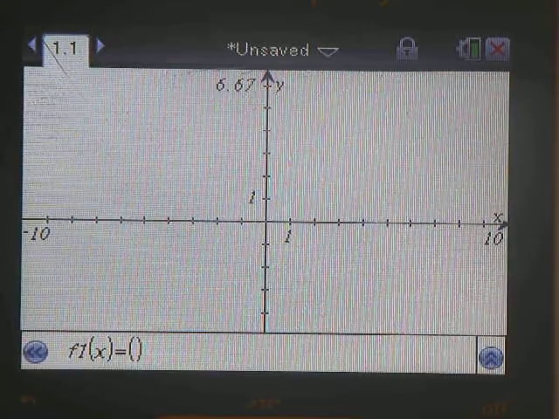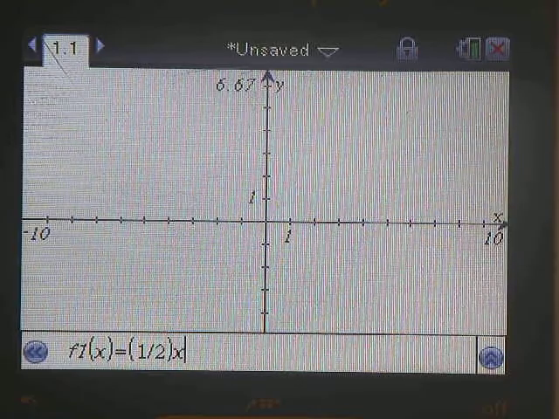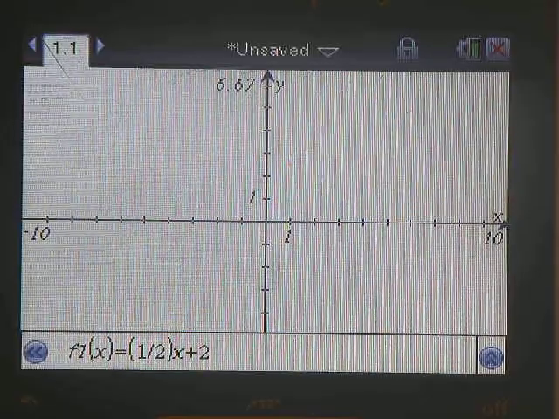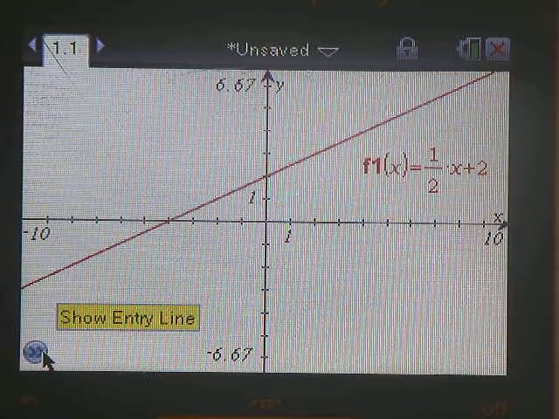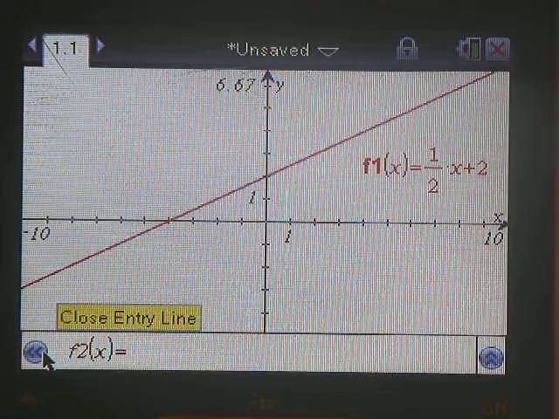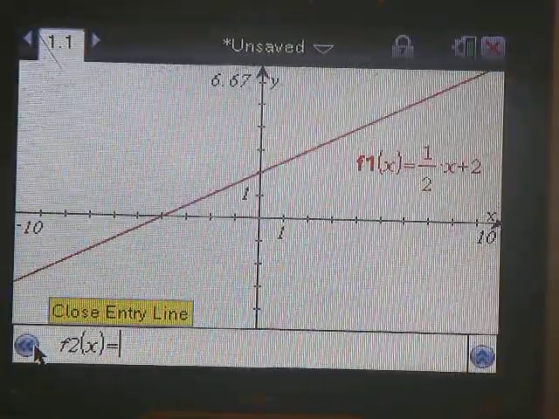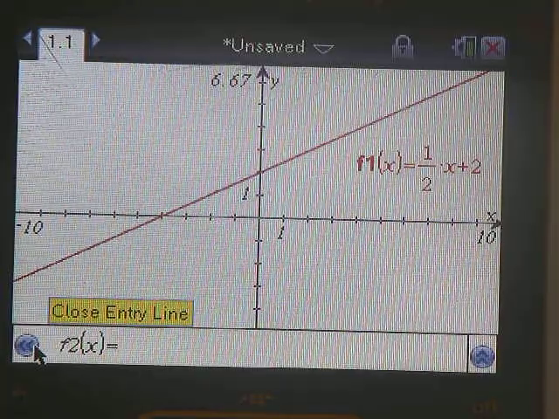Okay, and I want to go to New Documents, and I want to add graph. So let's look at that original line we had. So I'm going to put in 1/2, 1 divided by 2, x plus 2, right? And I'm going to graph it so we can see what that looks like.